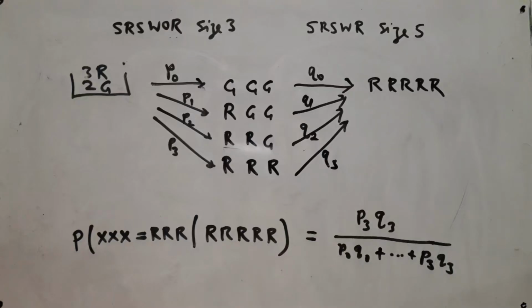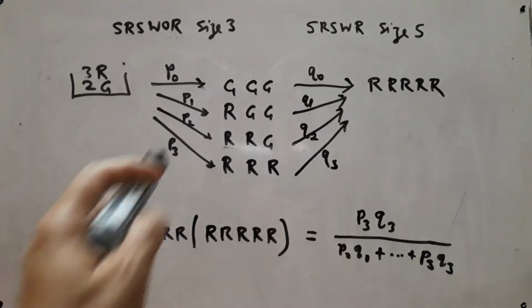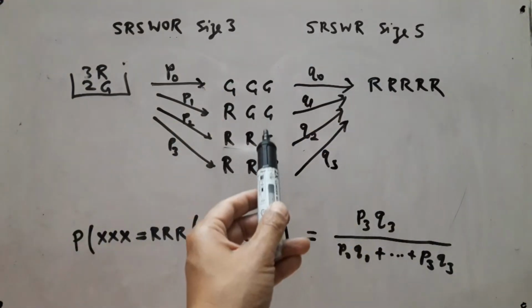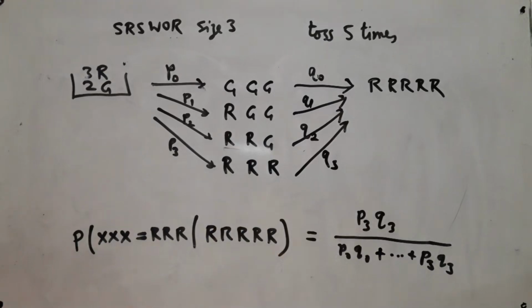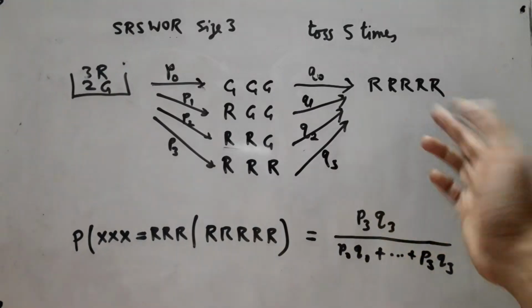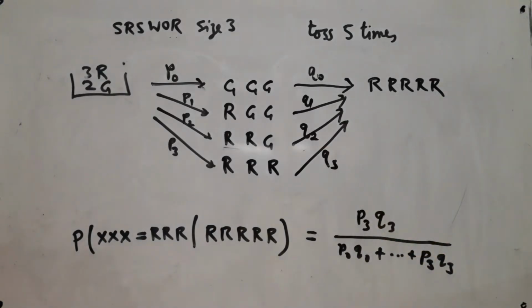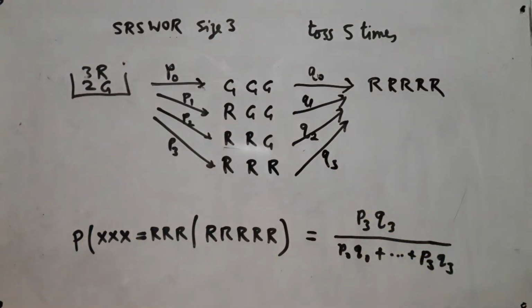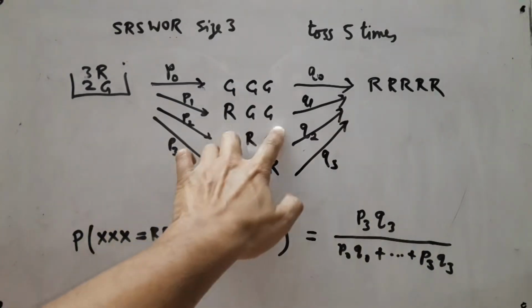So this setup that we saw just now can be thought of in a somewhat strange manner. Think of it as if we are actually performing a coin toss. We are tossing 5 times and think of red as head and green as tail. So I say I am tossing a coin 5 times, I get head all the time. Now what is the coin that I am tossing?